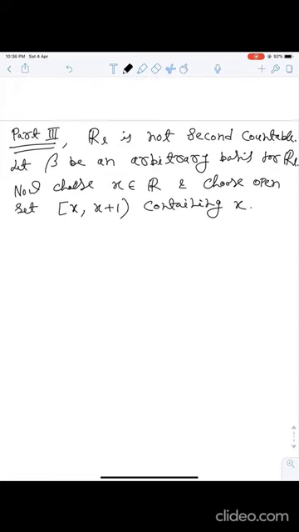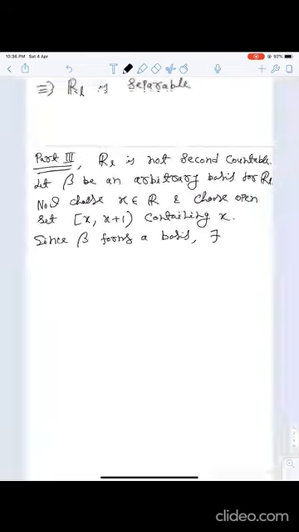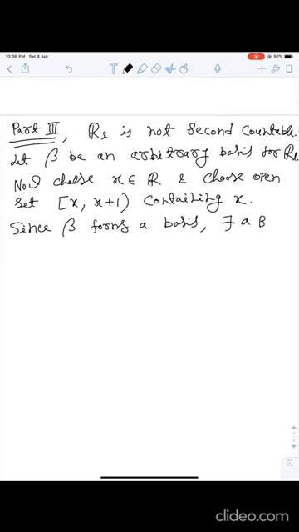Now since beta forms a basis, there exists b_x belongs to beta such that x belongs to b_x subset of [x, x plus 1).